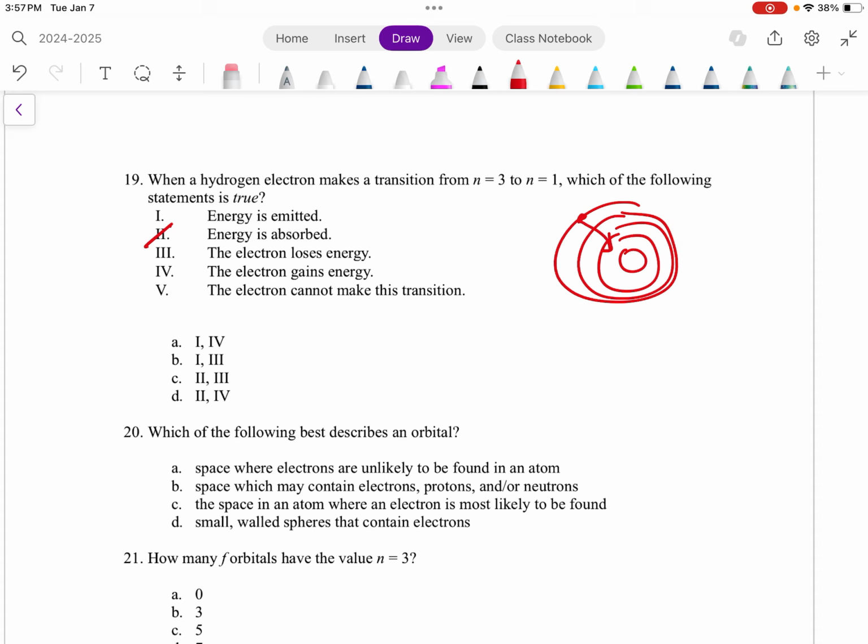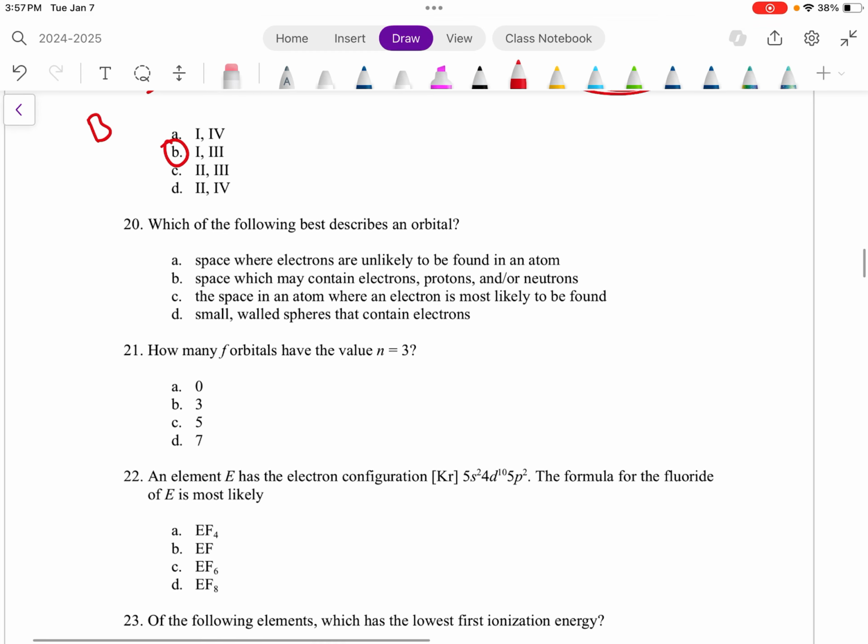It's not going to be absorbed. The electron is going to lose energy because it's going down in energy, so it's not going to be gaining energy. And the statement that the electron cannot make this transition is not true. Of course electrons can make that transition. So the best answer is going to be B because 1 and 3 are true statements.